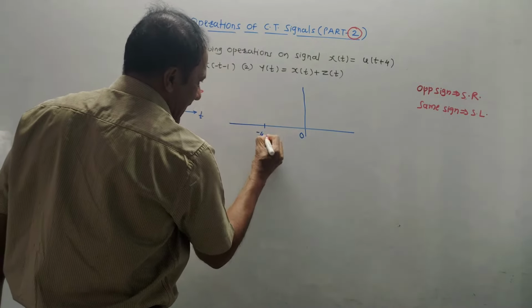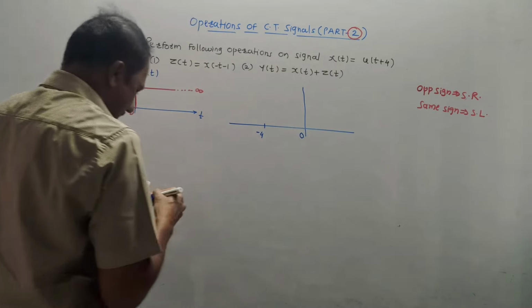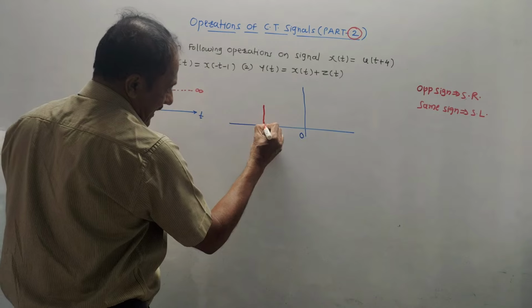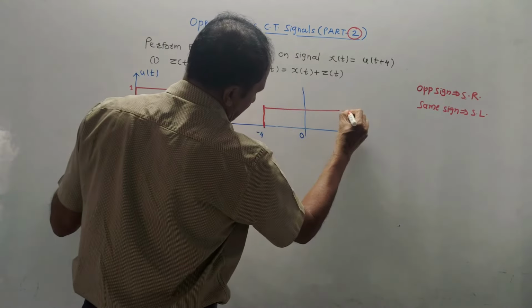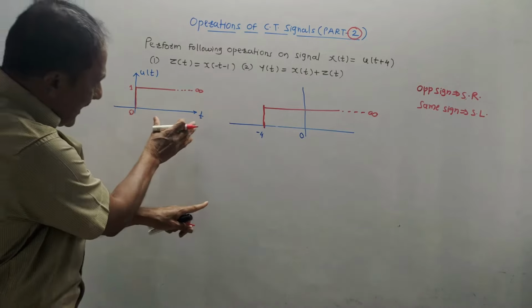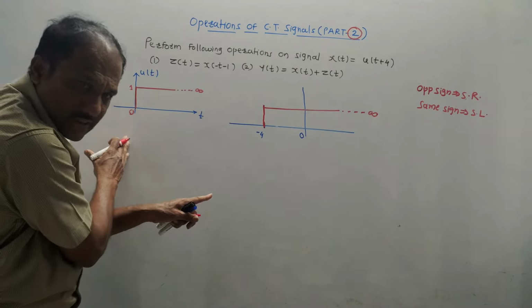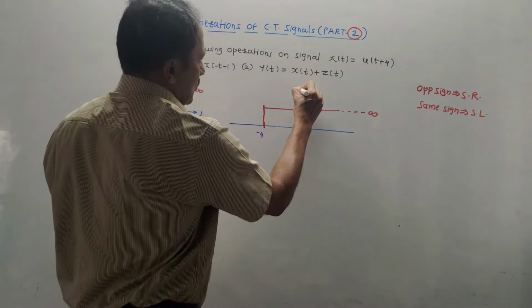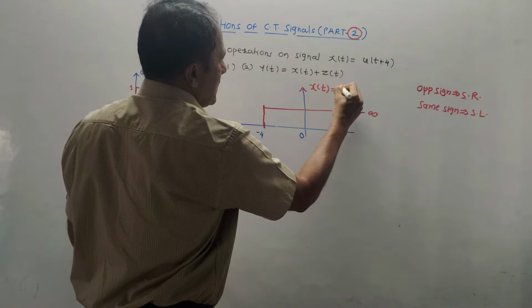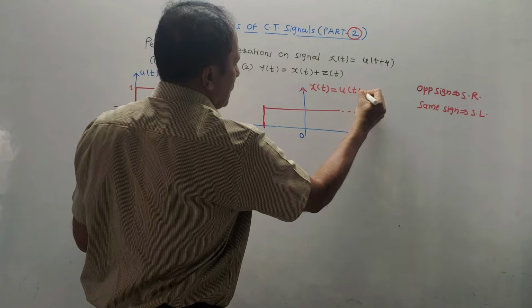So let us say I have the reading of minus 4 over here. So new diagram will be, amplitude will remain same, that is its amplitude is unity. It will be till infinity, but only starting point is different because I have shifted this diagram towards left by 4 positions. So this is the diagram of x of t, which is u of t plus 4.